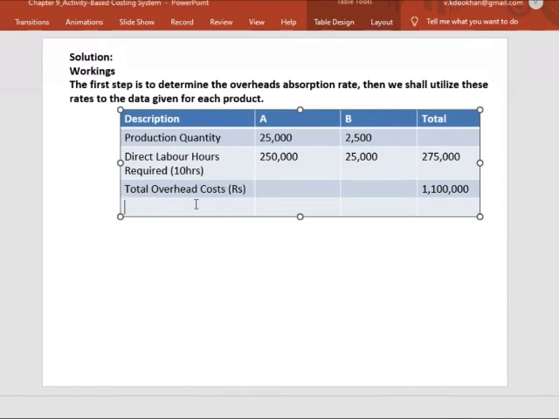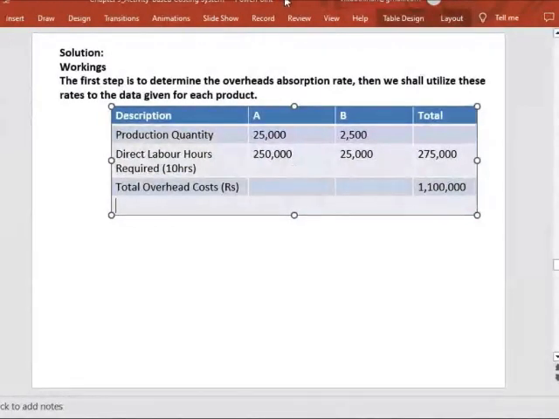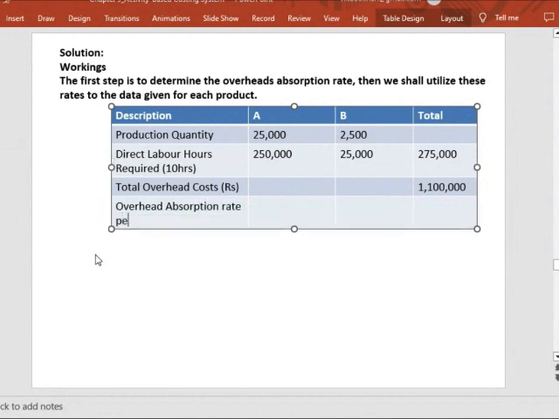Okay, so we are going to have here the overhead absorption rate per labor hour.